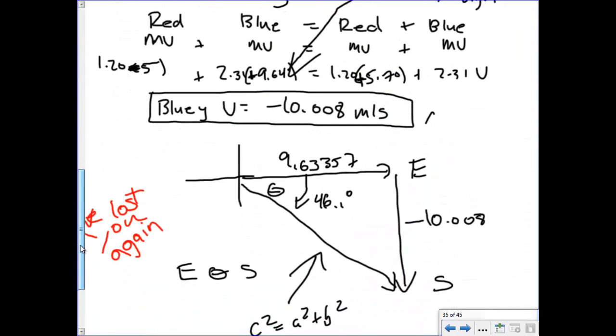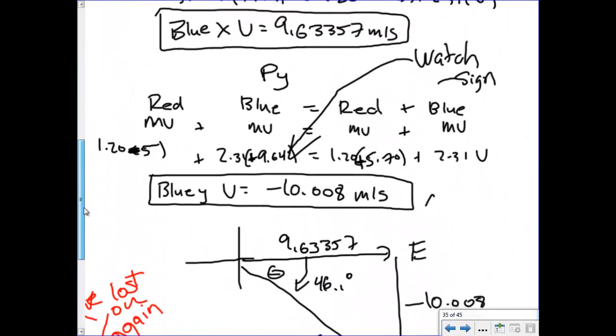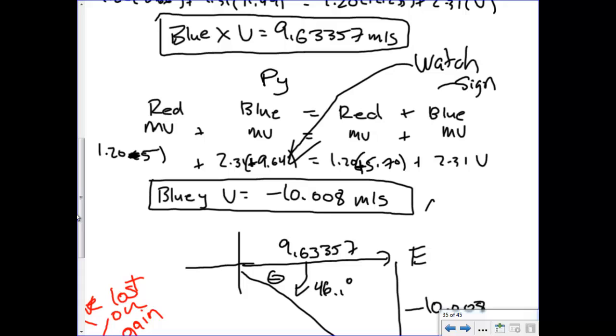Let me try it one more time here. So I got like a 1.02. Okay, let me try this again. So 1.20 times negative 5 plus 2.31 times 9.642 minus 1.2 times 5.70, and then divide by 2.31.